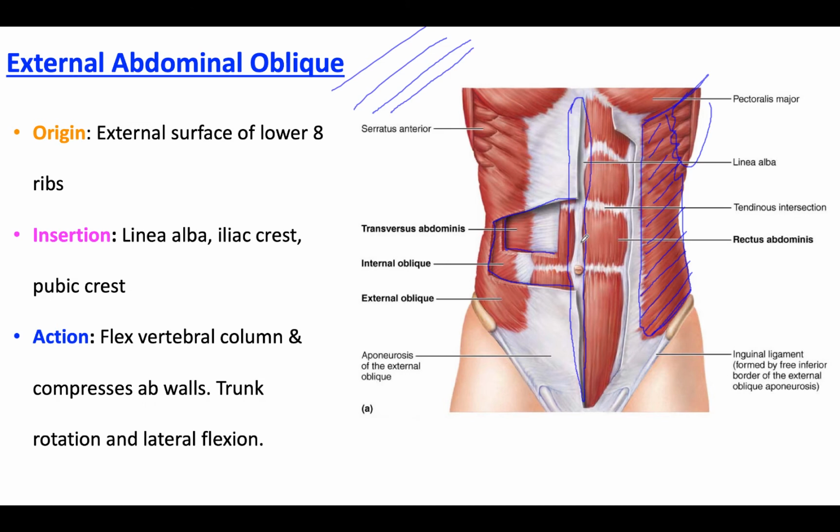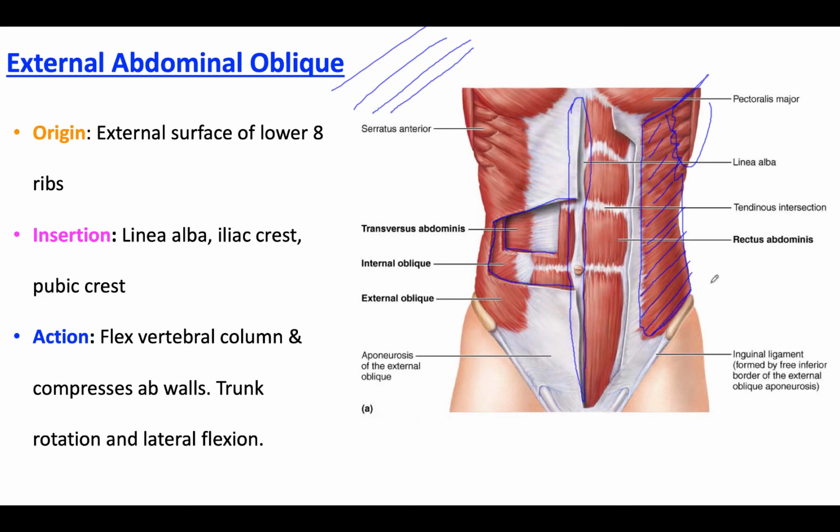So it holds the two muscles together, and actually lots of muscles of the abdomen are connected to the linea alba, which is this white strip that separates the two rectus abdominis. Now, the iliac crest and the pubic crest.